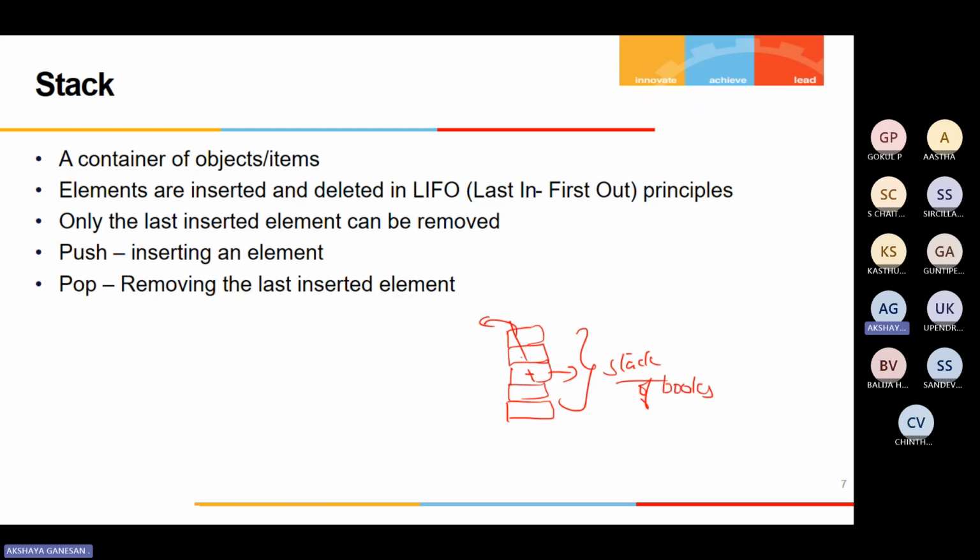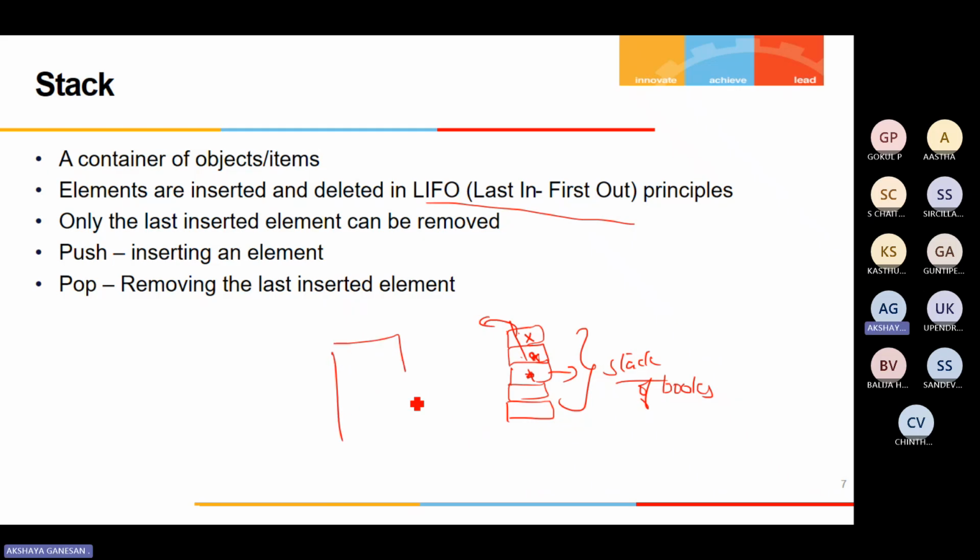Stack is nothing but a container of objects or a group of objects, but they are positioned one above the other, or they are inserted in such a way that they can be inserted and deleted only in the last in first out option. So if I want to take out this, I can only take out the first book. Without taking out the first book, I cannot take out this book. Without taking out this book, I cannot take out this book.